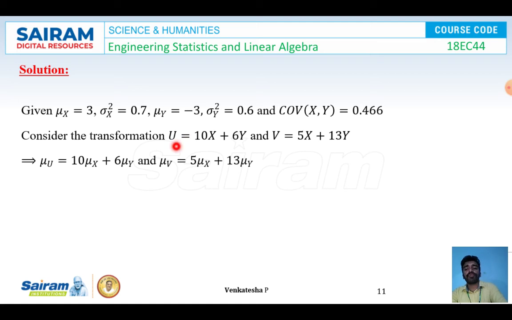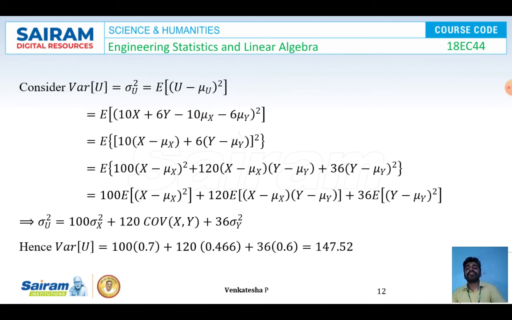I got expectation of u is equal to 10 into expectation of x plus 6 into expectation of y. And similarly here also, expectation of v is equal to 5 into expectation of x plus 13 into expectation of y. So I got the expression for mean as mu u is equal to 10 mu x plus 6 mu y. Mu v is equal to 5 mu x plus 13 mu y. So now I am going to find the variance of u.